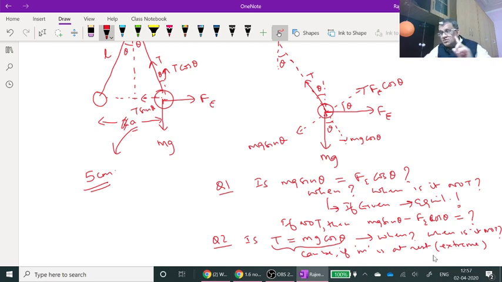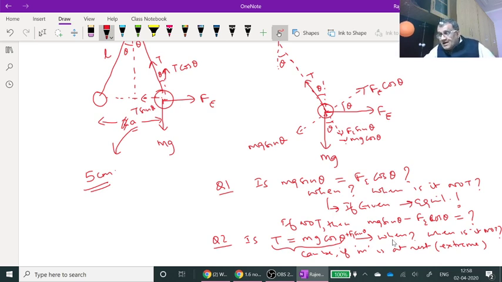Oh, good, I have missed out this thing. Thank you so much. Much sharper: mg cos theta plus Fe sin theta. Good, I'm impressed.